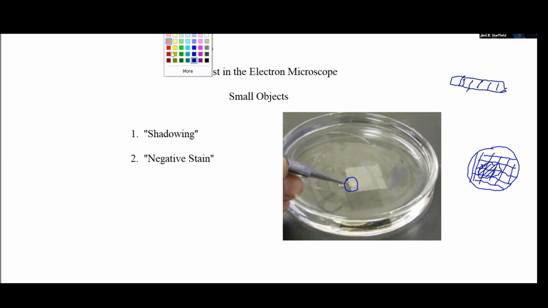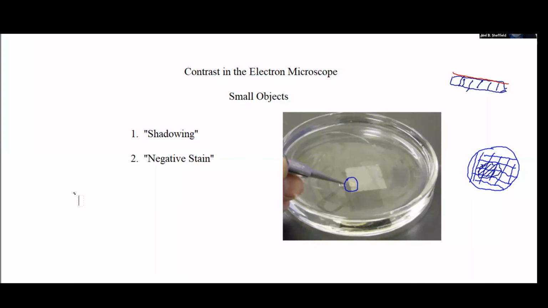What is necessary is to create a very thin film that sits on top of the grid. And it's that thin film to which you apply the material. So that film is generally made out of one of two things.